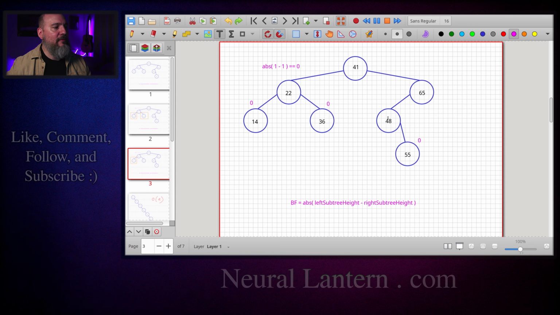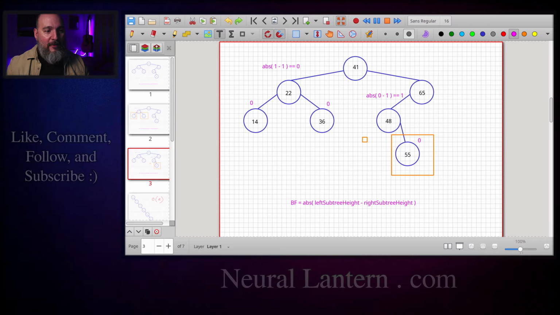Let's compute the balance factor for the 48 node. This is a little trickier. Notice how the right subtree has a height of 1 and there is no left subtree, which means its height is 0. So for the 48 node, it's going to be the absolute value of 0 minus 1, or just 1. So we find our first node that's a little bit out of whack.